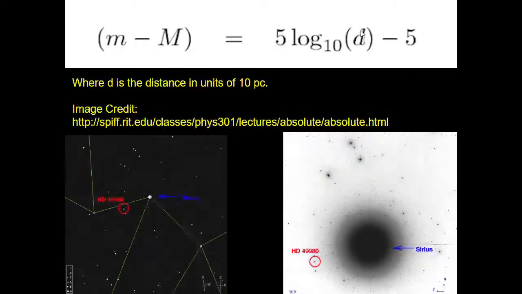Okay. So when you put d equal to 10 parsec, you find that the apparent magnitude minus absolute magnitude goes to 0.